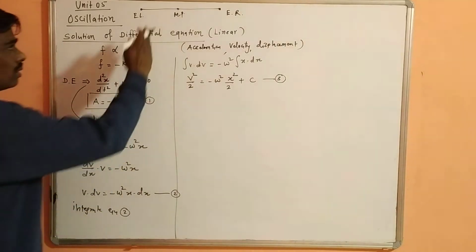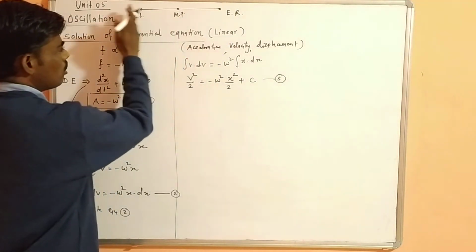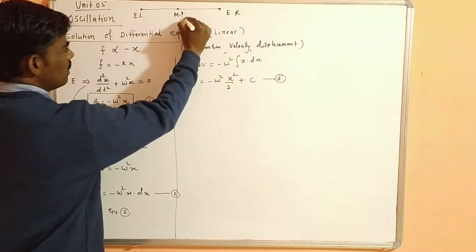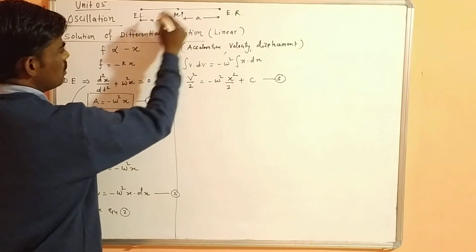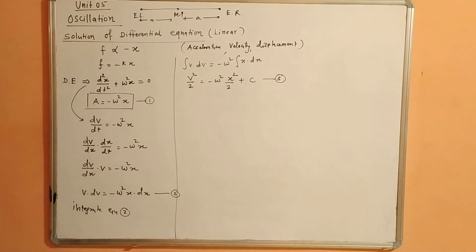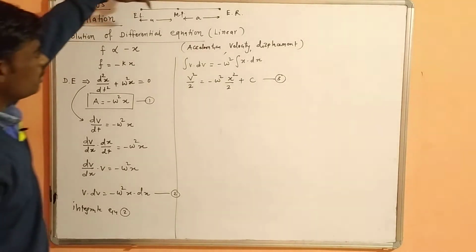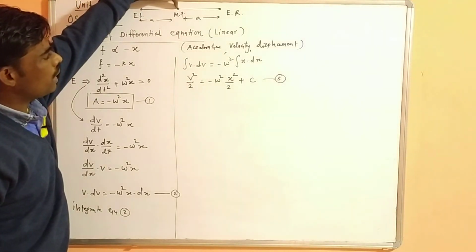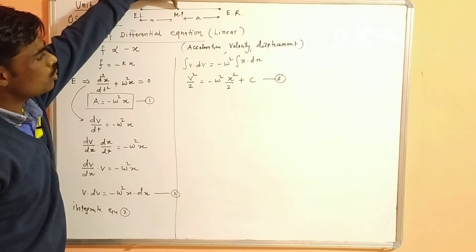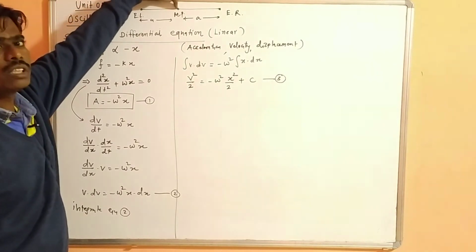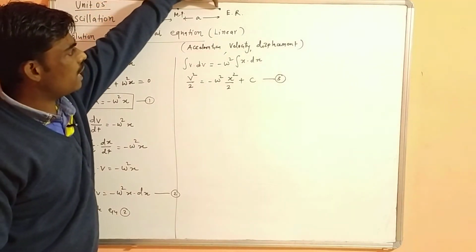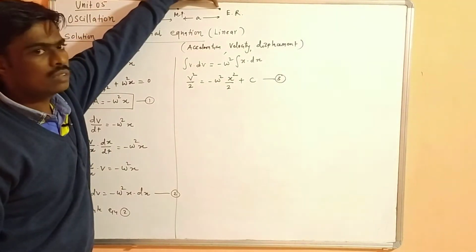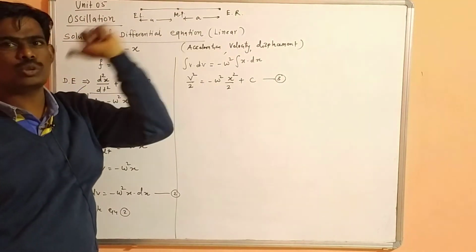This is the maximum displacement covered by particle on both sides. That we call as amplitude, either in this direction or in this direction. So remember, when particle is at mean position, velocity is maximum, and when particle reaches any extreme position, its velocity becomes 0.